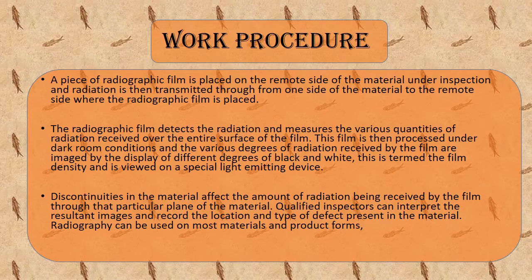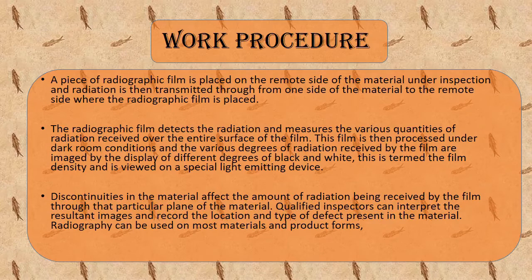The radiographic film detects the radiation and measures the various quantities of radiation received over the entire surface of the film. This film is then processed under dark room conditions, and various degrees of radiation received by the film are imaged by the display of different degrees of black and white. It is termed the film density and is viewed on a special light emitting device.